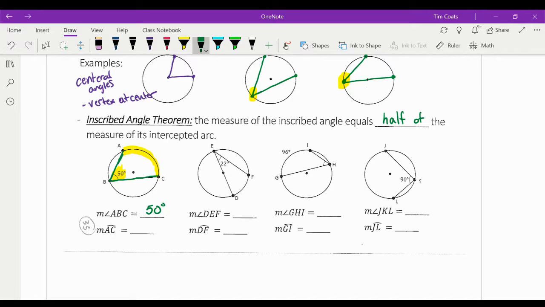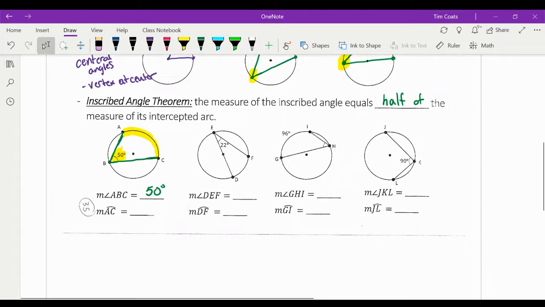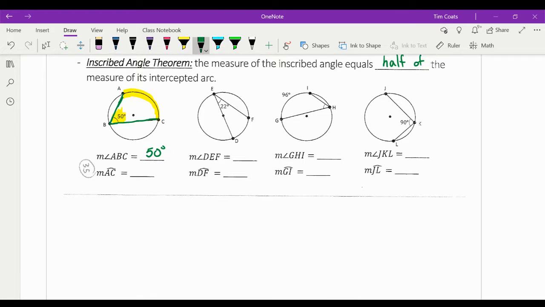So if we go the other way, we could say the angle is half of the arc.